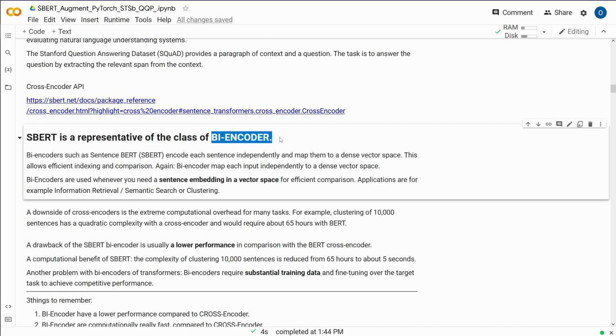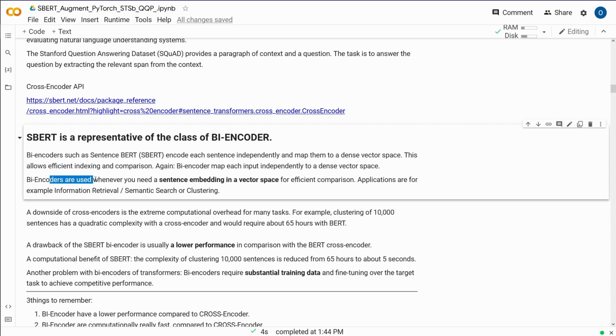Now, remember, a Bi-encoder is typical SBERT. The sentence transformer, Sentence-BERT model, an SBERT model encodes each sentence independently and maps those sentences to a dense vector space. Again, the Bi-encoder maps each input independently to a vector in a dense vector space, in a topological space.